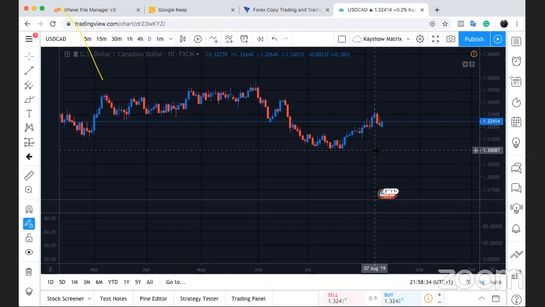Okay. The next set of traders are called the intraday traders. Intraday traders are those who trade between a day or two maximum. So it means they open a trade, they expect that their trade will hit TP in 24 hours or maximum 48 hours.